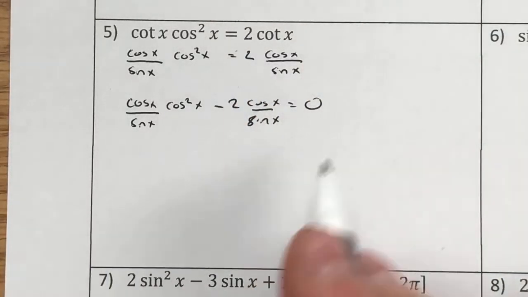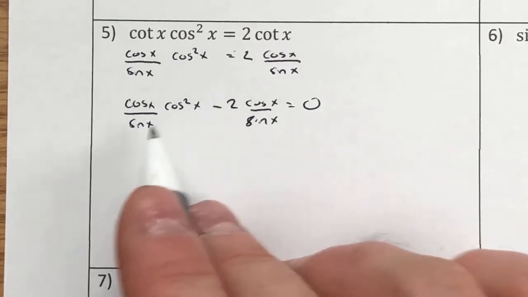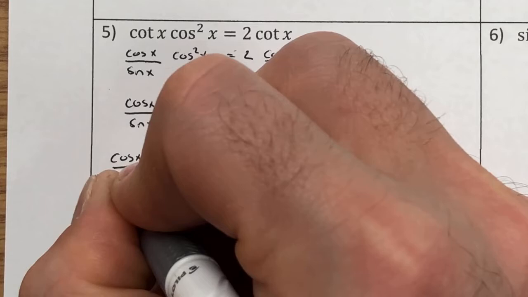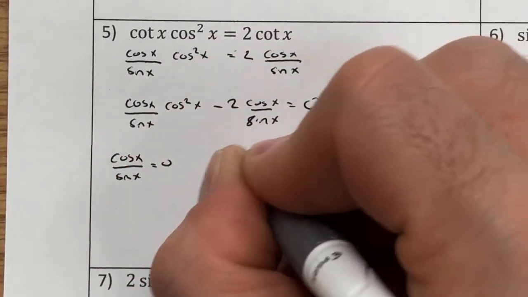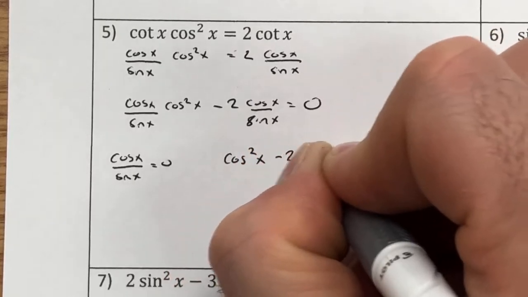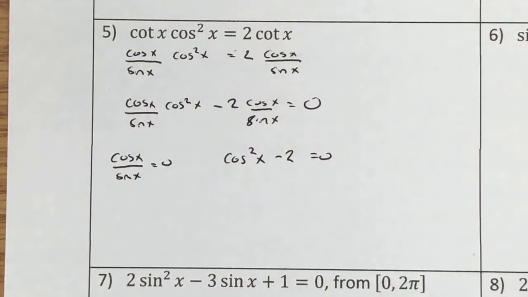Perfect. And now that everything's moved over, what that allows me to do is factor out a cosine over sine. So if I factor that out, I have 2 expressions.